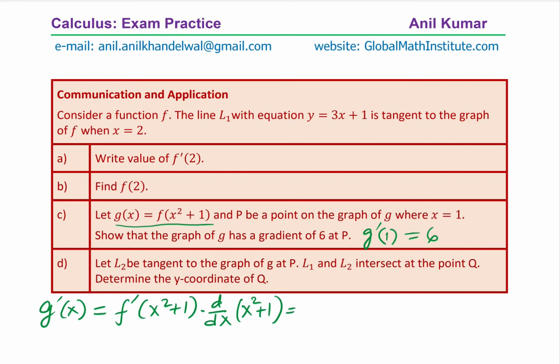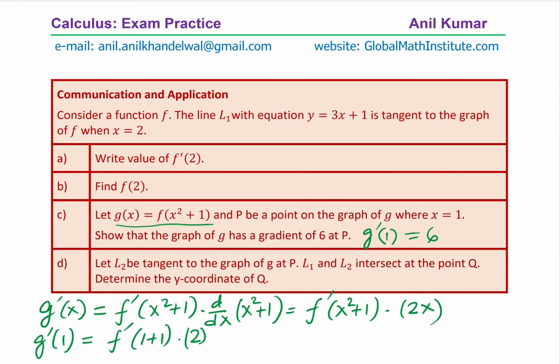So that could be written as f prime of x squared plus 1 times the derivative of this, which is 2x. Now, since we want this at 1, g prime at 1 will be equal to, substituting 1 here, f prime at 1 squared plus 1 times 2 times 1. So we are looking for f prime at 2 times 2, right?